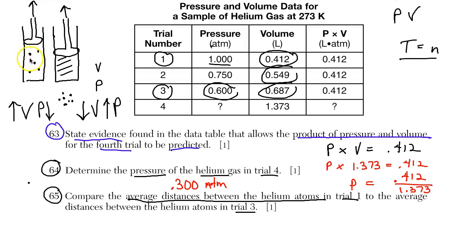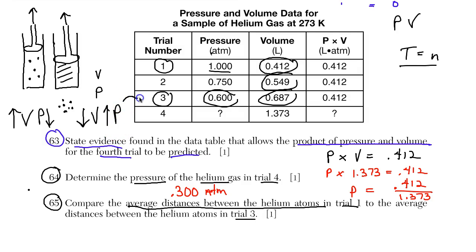There's going to be less collisions over the area. So we would say in trial 3 that because the volume is bigger, and now you're giving more space for the same number of particles at the same temperature, then the average distance must be greater in trial 3. And that's why the pressure drops.